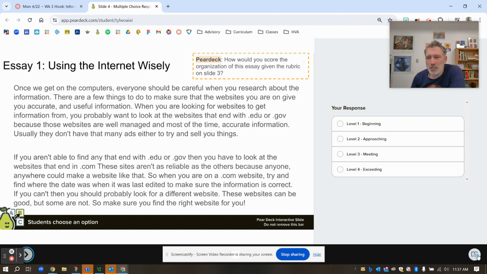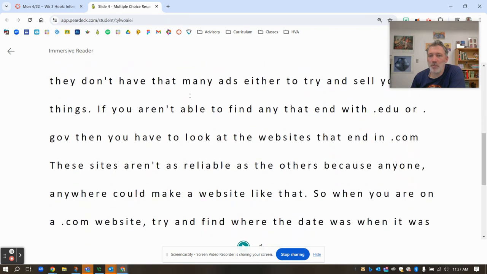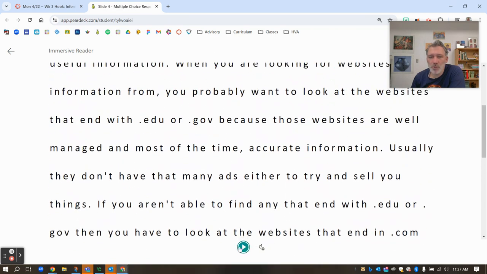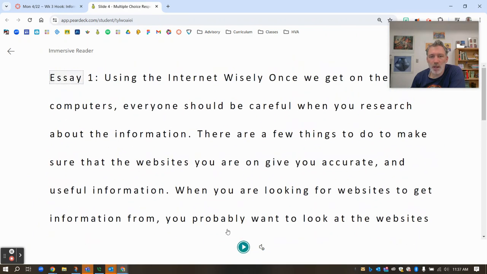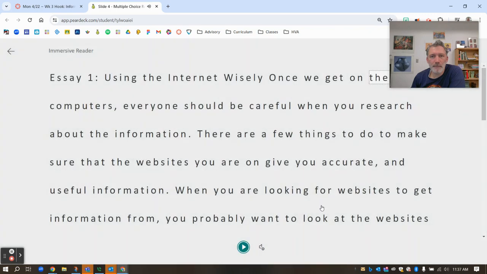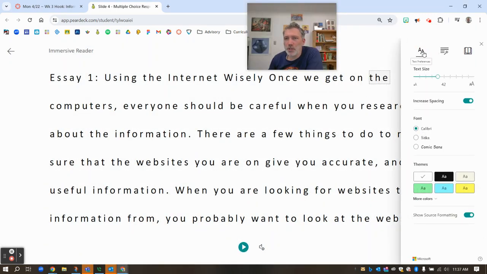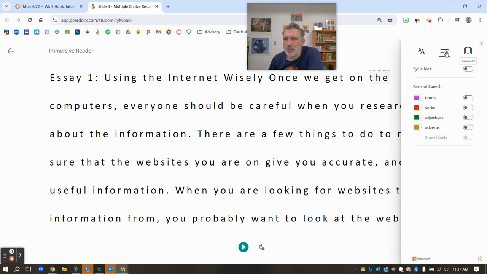Here's where I also want to tell you about the immersive reader. If you click on this immersive reader button right here, it will turn the text on that slide into something a little easier to read. It'll also allow you to have it read out loud to you. A couple of other features up here: you can change the text size, and you can highlight nouns and verbs, which is kind of interesting.